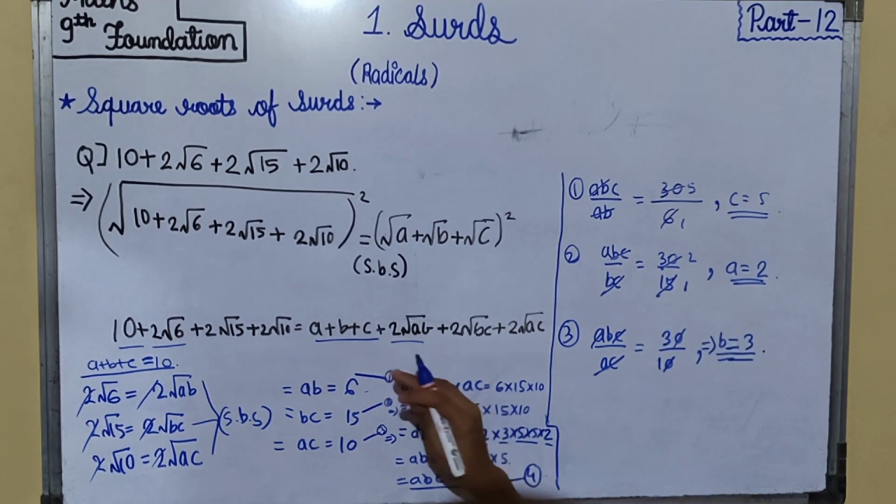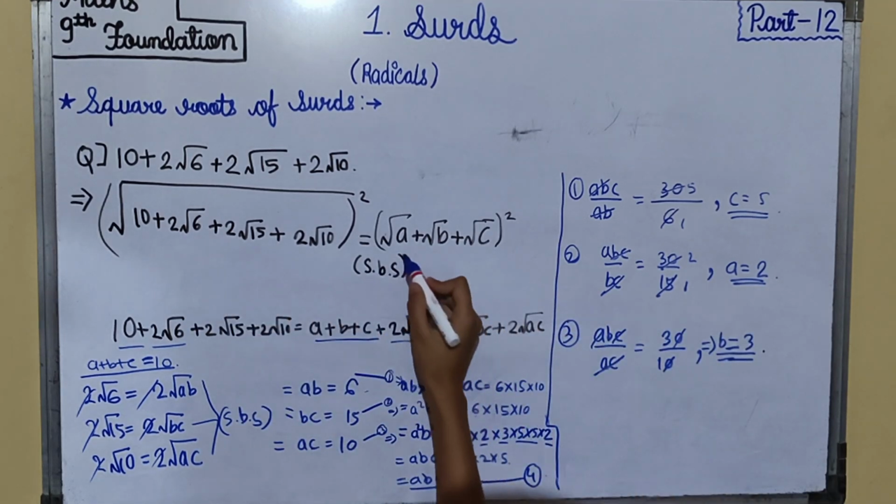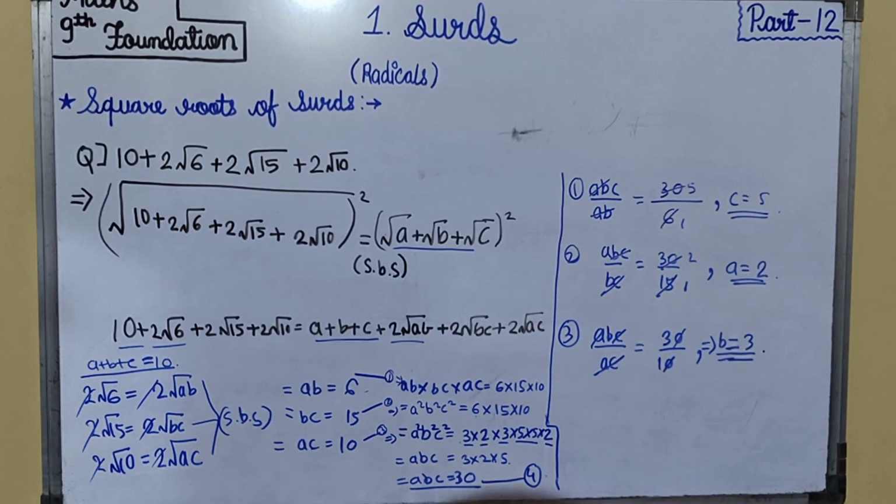Now we have got the answer and we have to write it in the form root a plus root b plus root c. So a is root 2, root b will be root 3, and root c will be root 5.